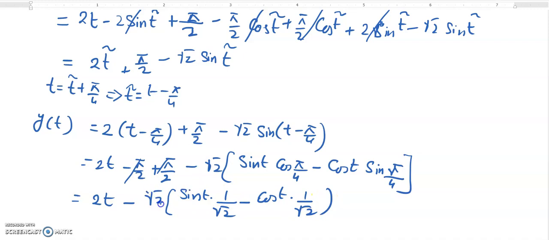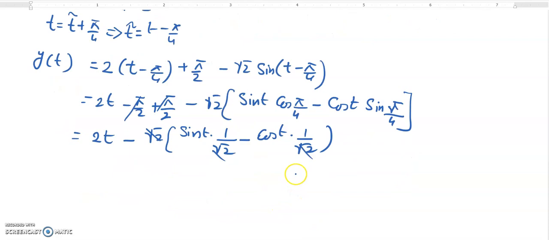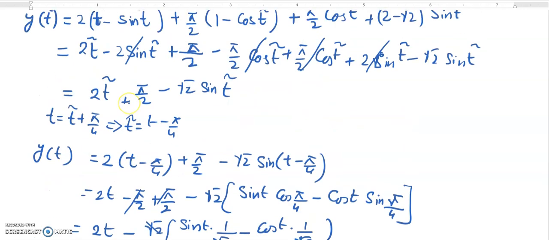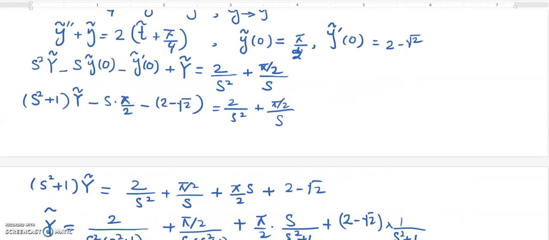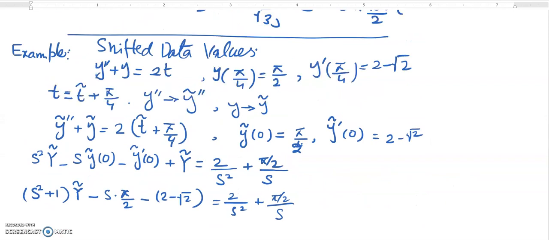Now you can see that these under root 2 terms will cancel out. So what we are left with is 2t minus sine t plus cosine t. That is the solution. In this way we can deal with the shifted data problem when the initial values are not provided at the 0 time interval.